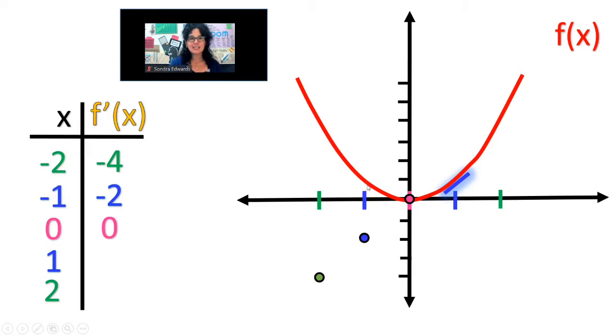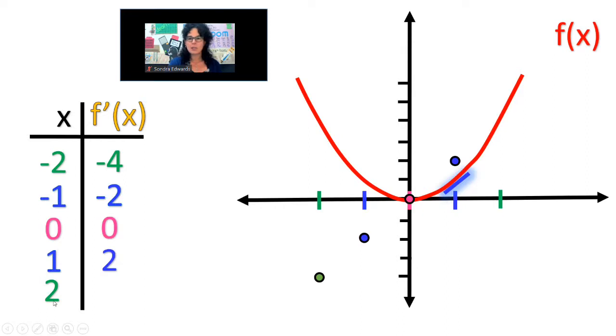So if I'm consistent with my estimates, if this one had a slope of -2, this is going to be the same steepness, just in a positive direction because it's going uphill. So I'm going to say the slope of the tangent at 1 is about 2. And then plot that point. 1, 2 is on f prime of x.